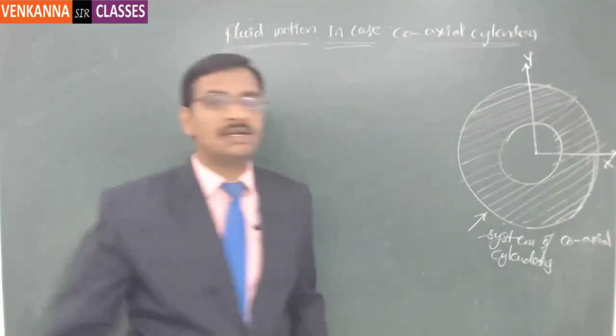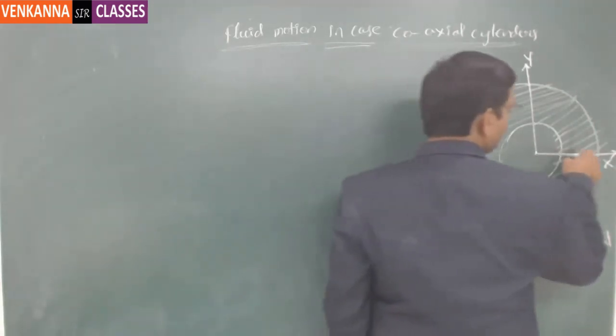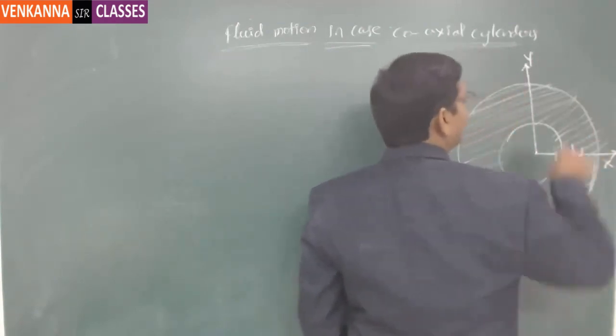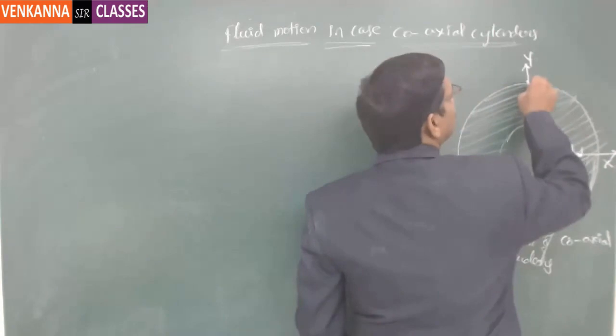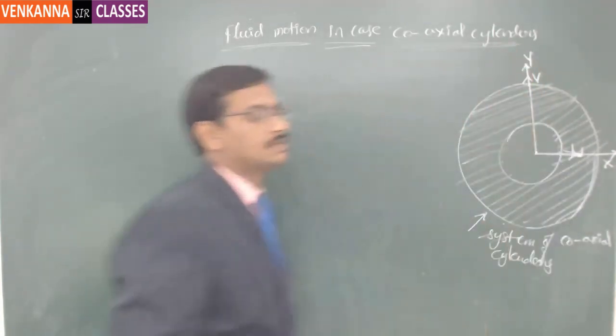Now both the cylinders started moving. Let us say the inner cylinder is moving with a velocity of u and the outer cylinder is moving with a velocity of v, but exactly along the y-axis.